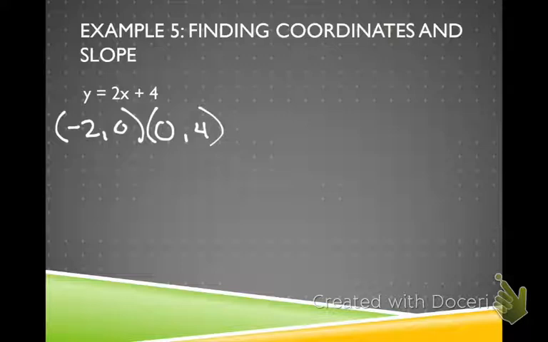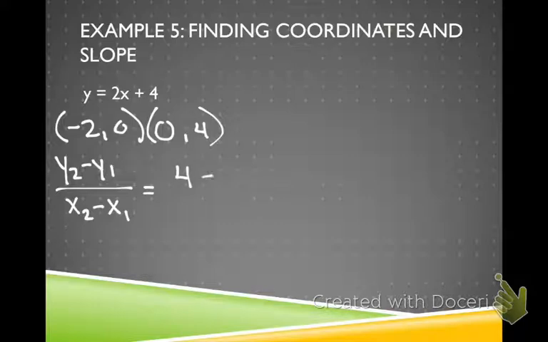And now I can plug these ordered pairs into y2 minus y1 over x2 minus x1. And the more you repeat that, the easier it will be to remember. y2 is 4 minus y1 is 0 over x2, which is 0, minus x1, which is negative 2. See, these double negatives are going to start popping up everywhere. You really have to be careful.